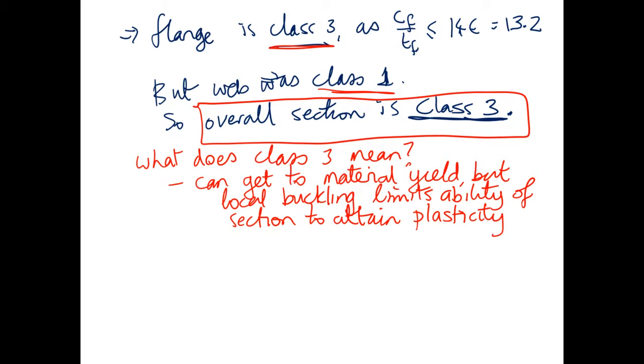So we're going to be able to get to the yield point, but after that we can't get any further. We can't get into the full plasticity. So it's a class 3 section.